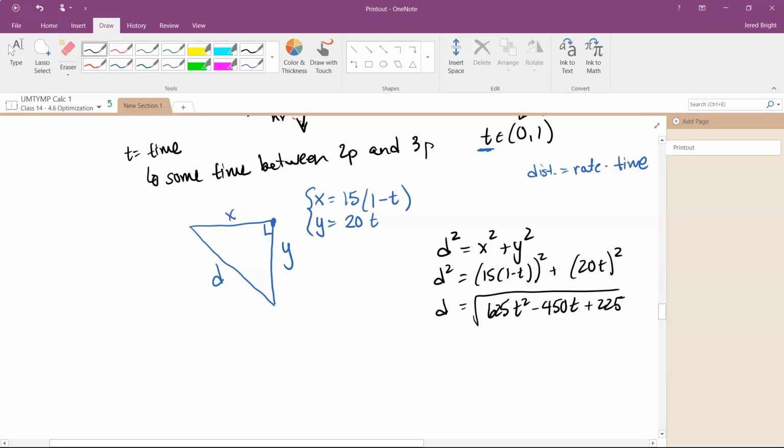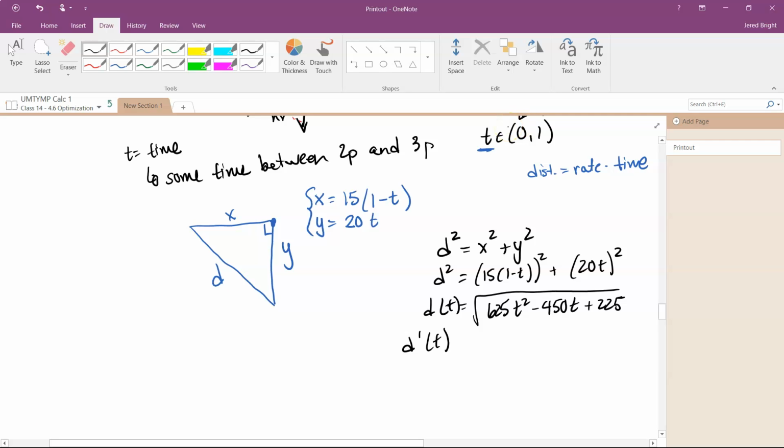Okay, so now this is our function. It is a function of time, t, which is good. That's what we want. And now I need to go through and find the critical points. I don't have any endpoints to consider because I'm on an open interval once again.